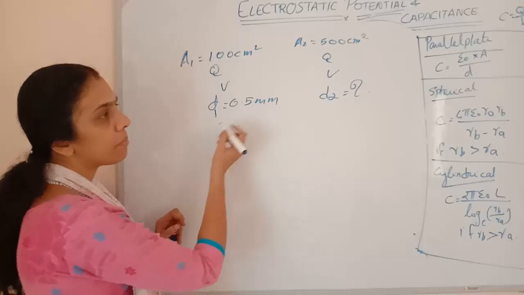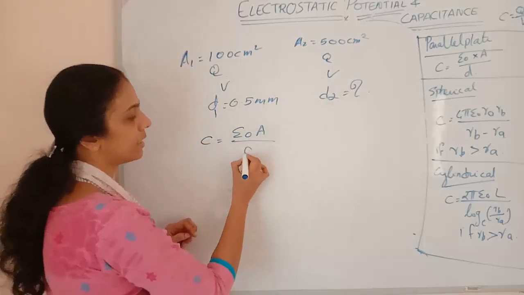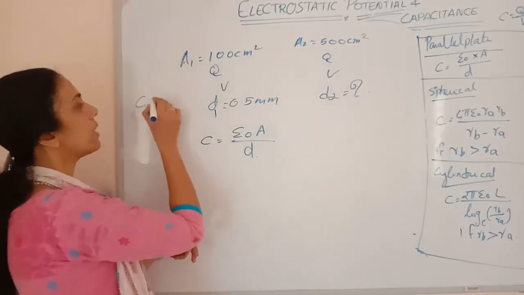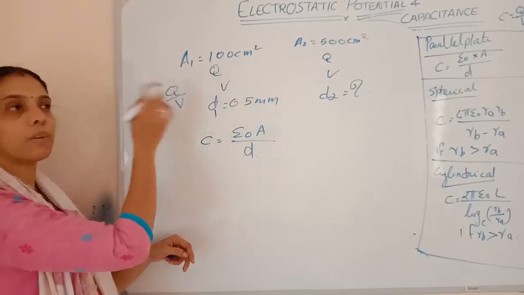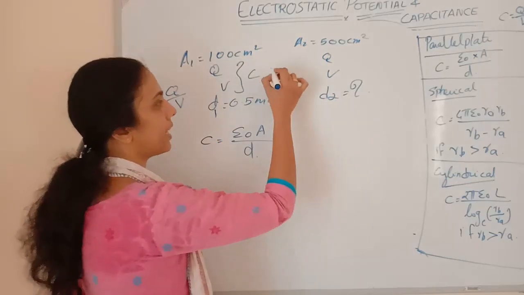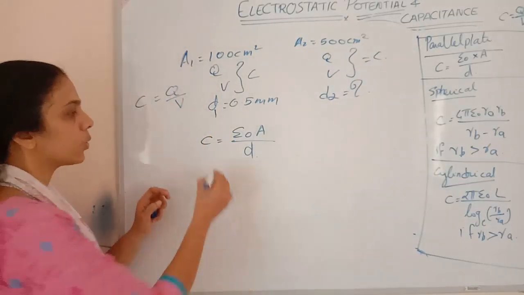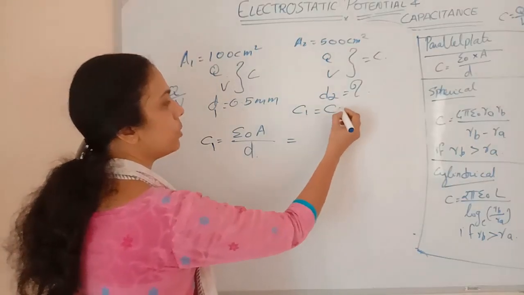For the parallel plate capacitor, we know C equals epsilon 0 A by D. Here it is given Q and V are same. We know C equals Q by V. If Q and V are same, then C will be same. So C1 will be equal to C2.